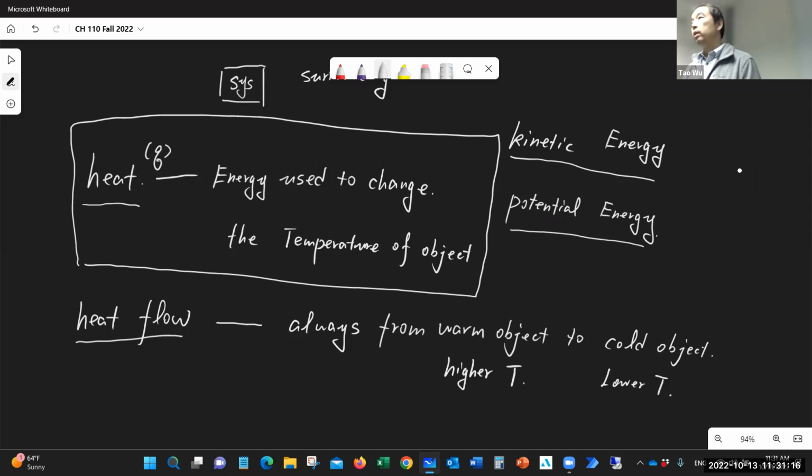In other words, once you open the refrigerator and you feel cold, what happens? It's not the cold air coming to you. It's because the cold refrigerator is sucking the heat from your body. So that's why you feel cold, because you're losing energy. You're losing the heat.